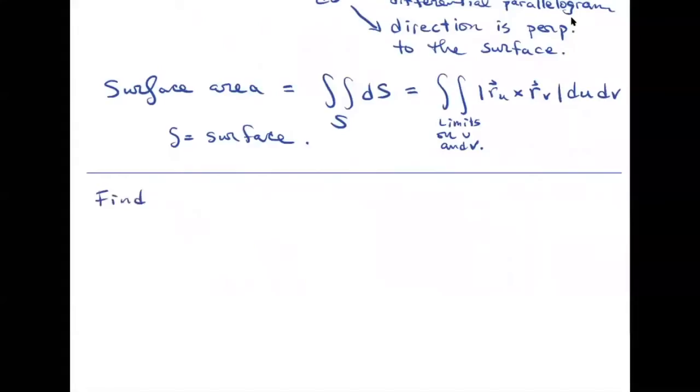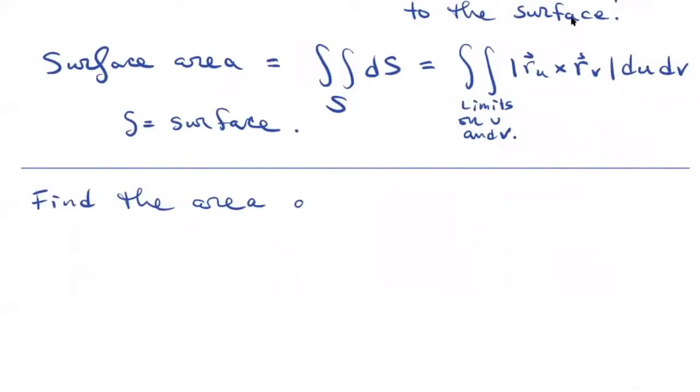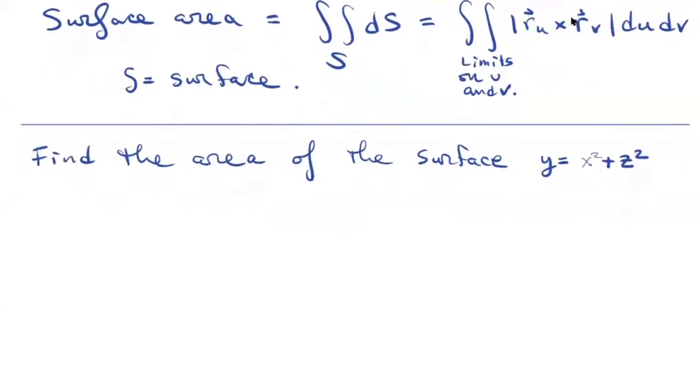Find the area of the surface y equals x squared plus z squared, inside the cylinder x squared plus z squared equals 16, which means radius 4.